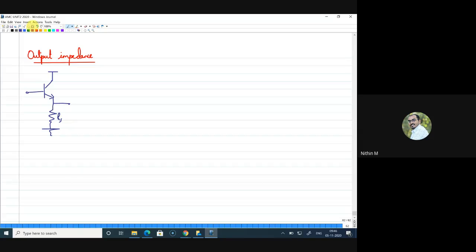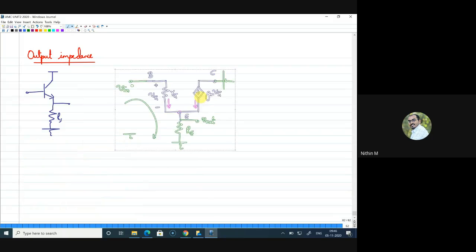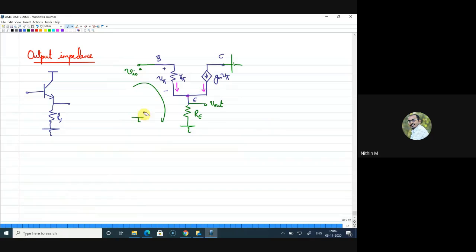So maybe I'll use the same equivalent circuit here. One thing to notice, whenever you find output impedance, you have to nullify the effect of all the other sources. So input source I have grounded, right. Now this is the output terminal. Whenever you find output impedance, you have to connect a test voltage.